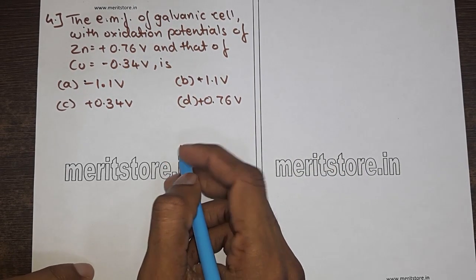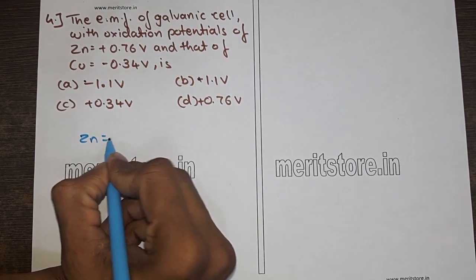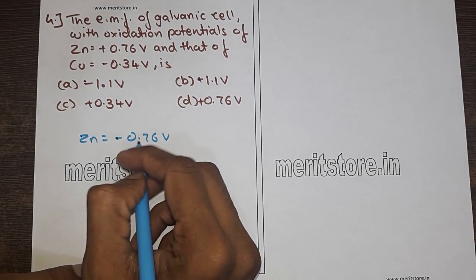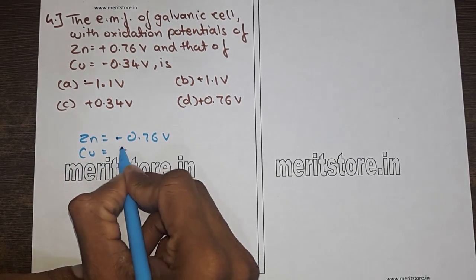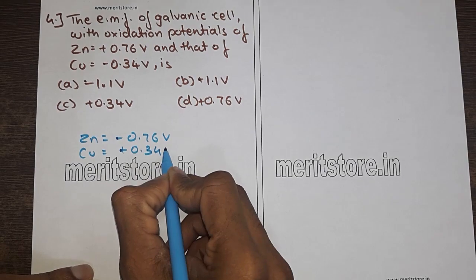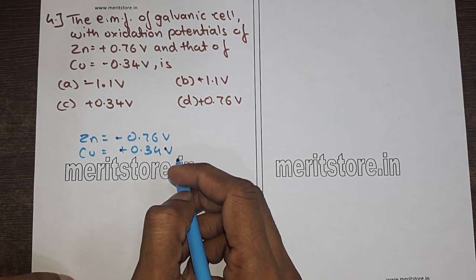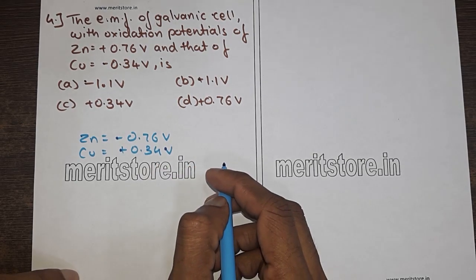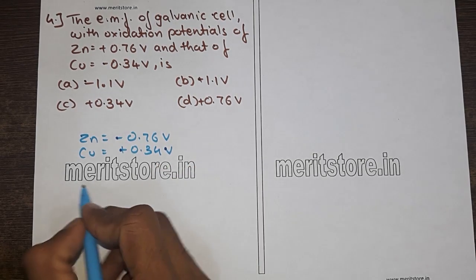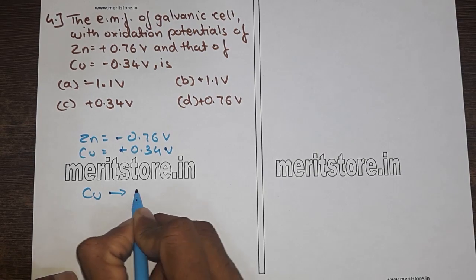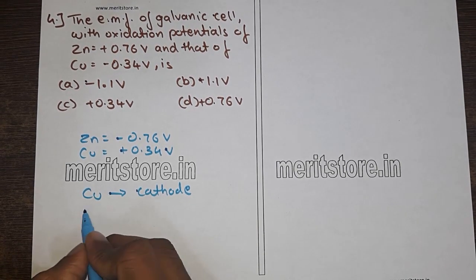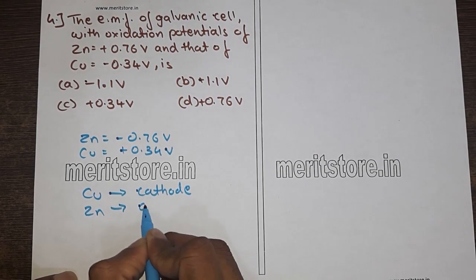Therefore the reduction potential of zinc is minus 0.76 volt, and that of copper should be plus 0.34 volt. The electrode with a higher reduction potential forms the cathode. So copper is cathode and zinc is anode.